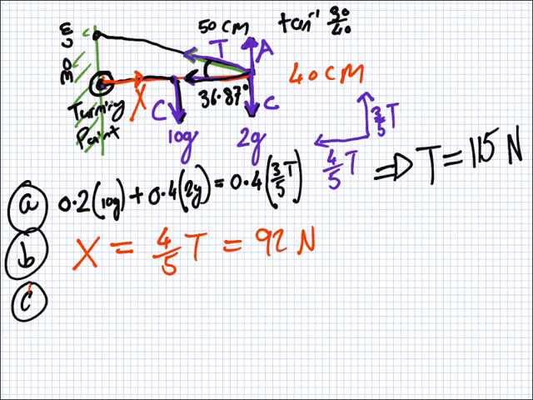Is there anything else that's providing an upward force in that diagram? Is there any string? No. Any support underneath, like a brace? No. It's only the screws on the wall that are providing an upward force. So, attached here, there is an upward force of Y. What would that equal?